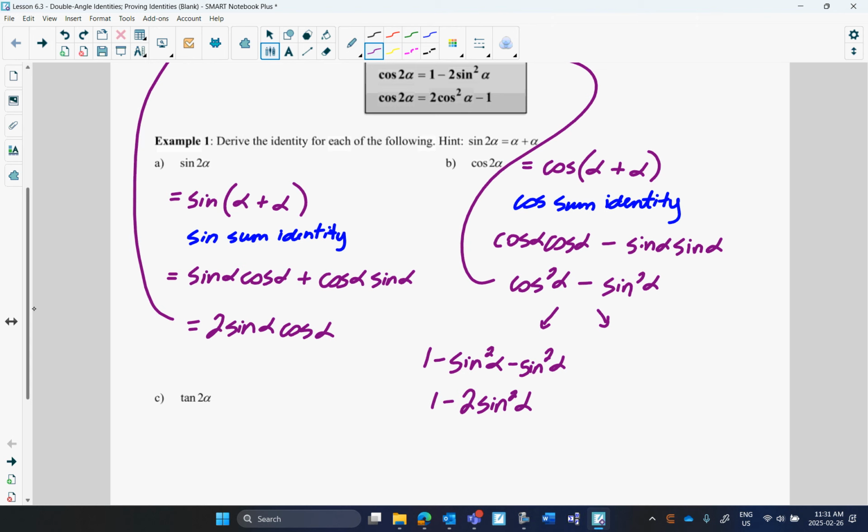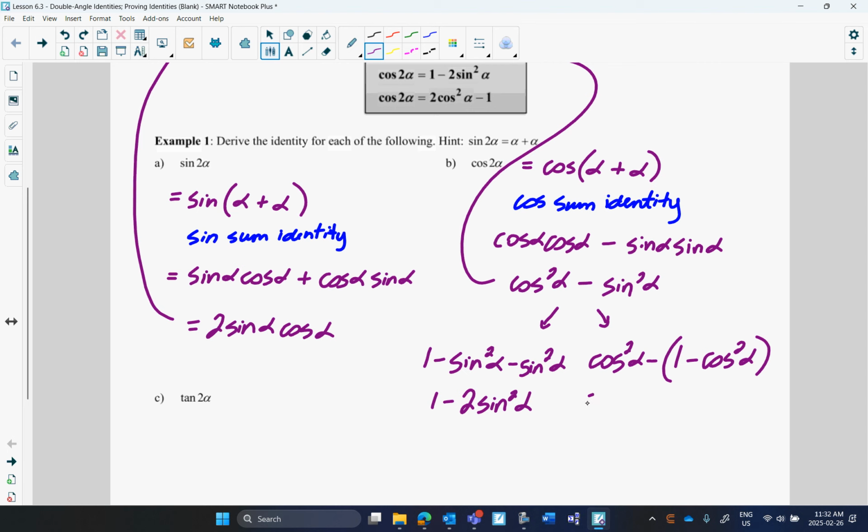I could go back to this original one and say instead of rewriting cos squared, how do I rewrite sine squared? Minus 1 minus cos squared. And I got to put it in parentheses because there's a subtraction in front. It's going to change some signs.